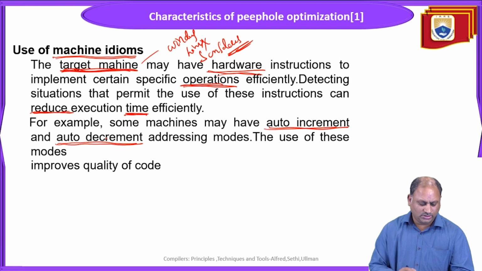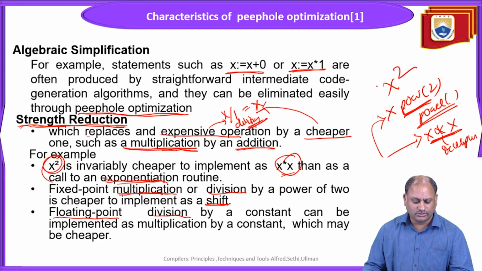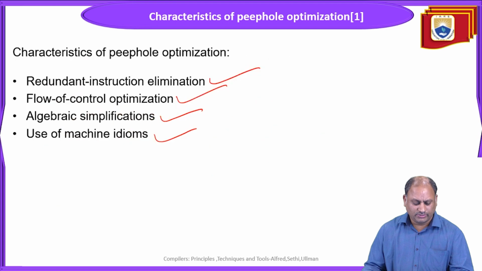So these are the different principal sources of optimization. Redundant instruction elimination, where an instruction is repeatedly available. Flow of control optimization, where the same piece of code in different blocks is kept in a temporary and moved outside the block.